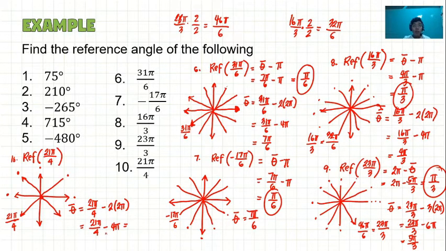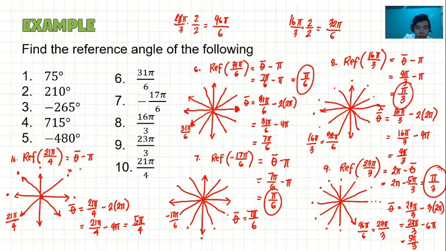So 21 pi minus 16 pi is 5 pi. So we have 5 pi over 4. So the angle coterminal with 21 pi over 4 between 0 and 2 pi is 5 pi over 4. And since this one is located in quadrant 3, our formula will be theta bar minus pi, right?